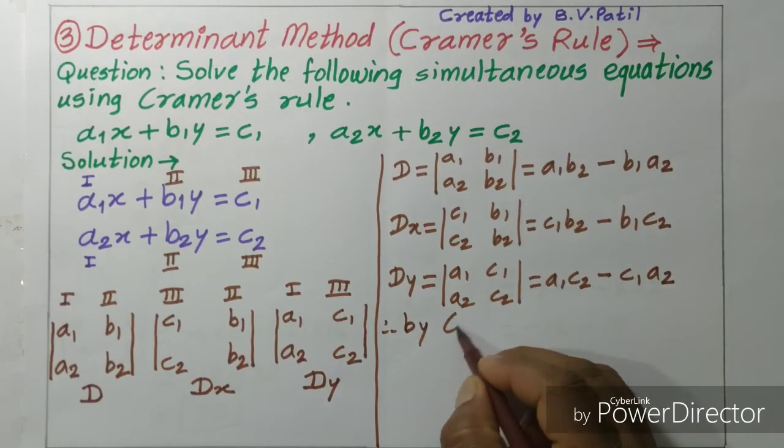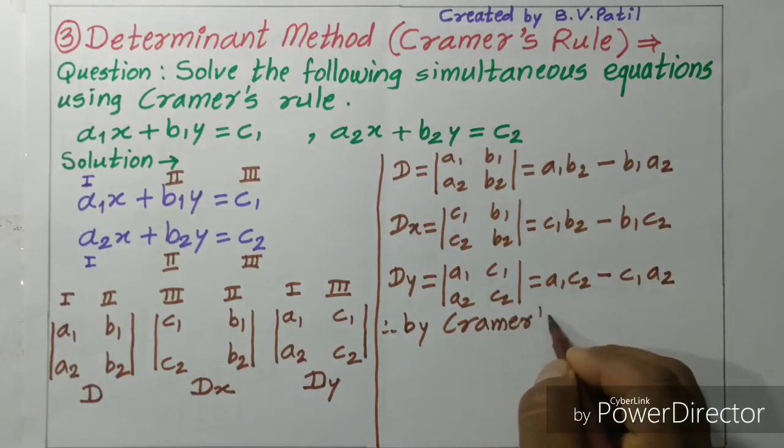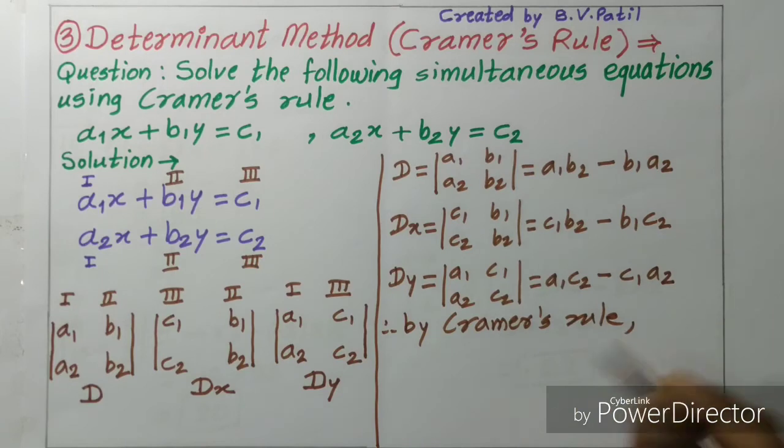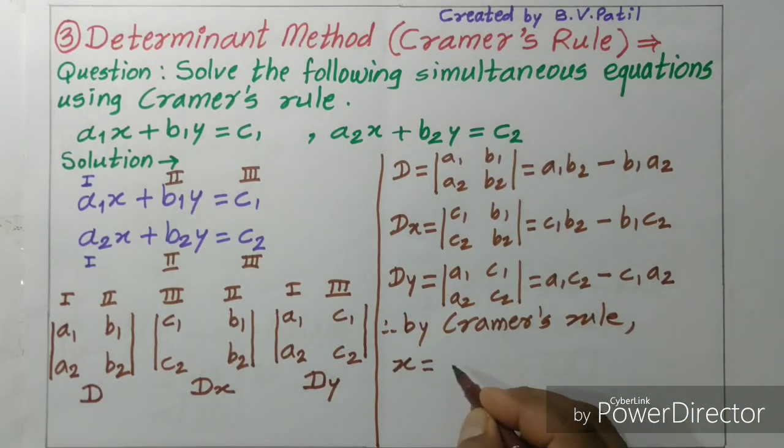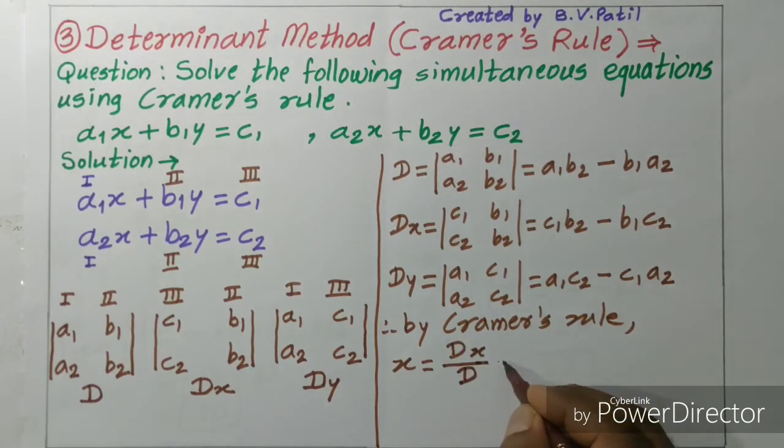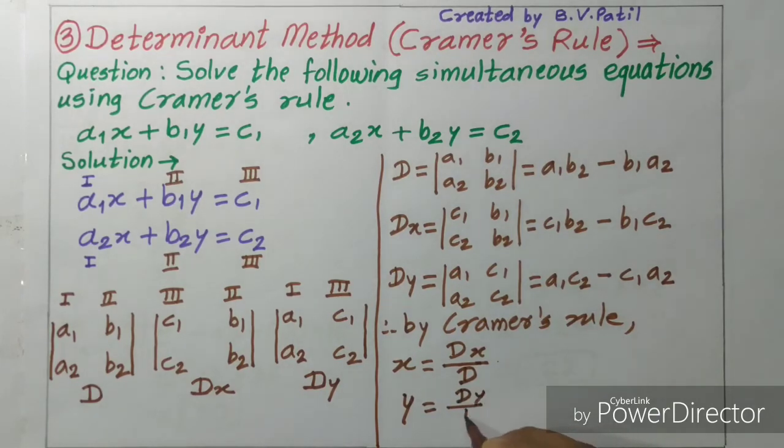Therefore, by Cramer's rule, x is equal to the formula dx divided by D, substitute values and find the answer. Then y is equal to the formula dy divided by D, substitute values and find the answer. Therefore x and y are the values and this is the solution.